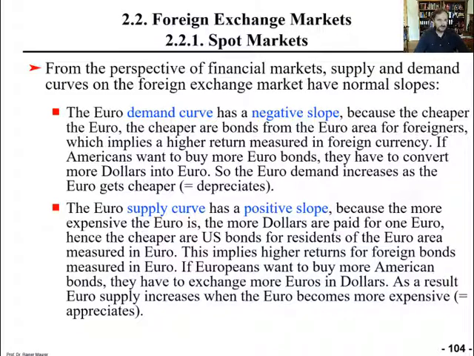This implies higher returns for foreign bonds measured in euro. If Europeans want, however, to buy more American bonds, they have to exchange more euros into dollars. As a result, euro supply increases when the euro becomes more expensive, which means when the euro appreciates.